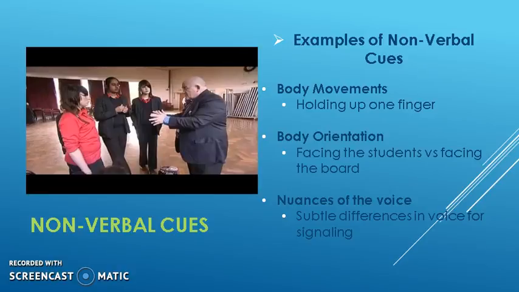So it's important to use hand cues, body posture cues, to translate to students what your intentions are without actually having to say it. That avoids many of the language barriers, and the body language and nuances of the voice is a universal language in itself.